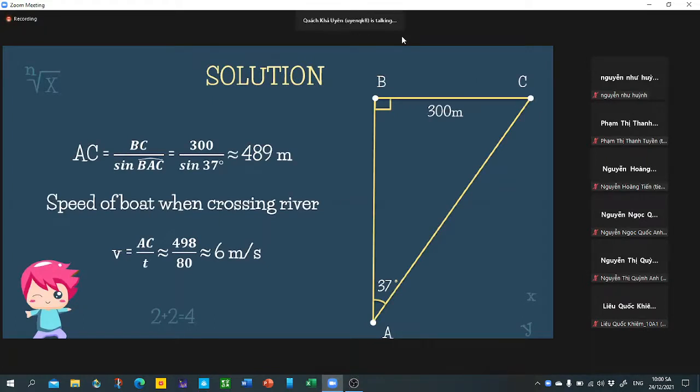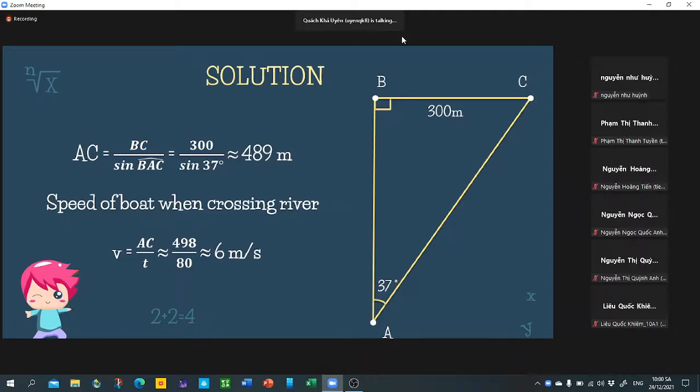In the solution, AC equal BC over sin BAC equal 300 over sin 37 degrees, approximately 498 meters.